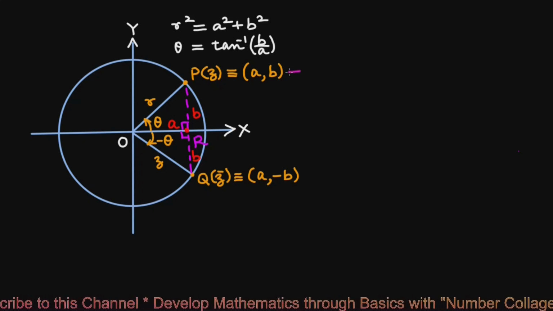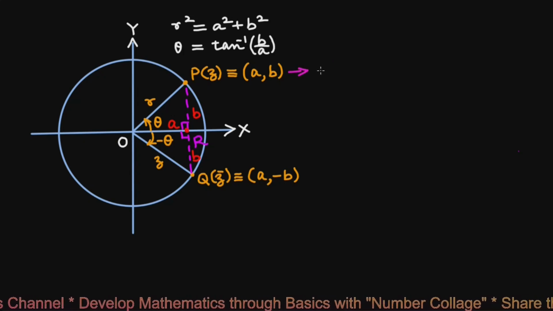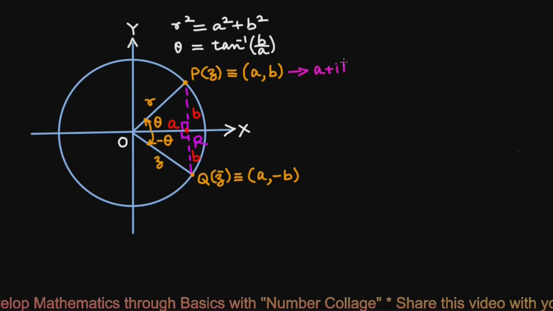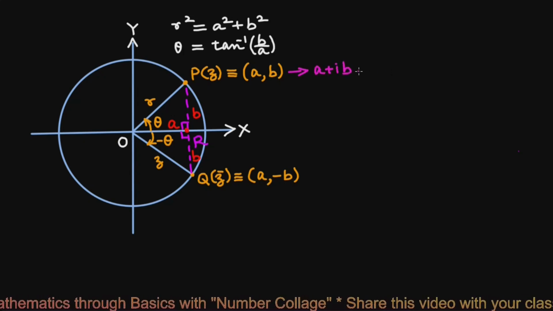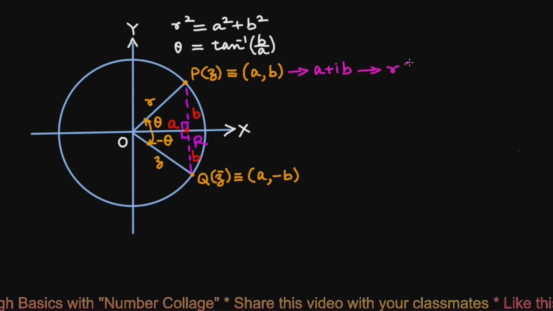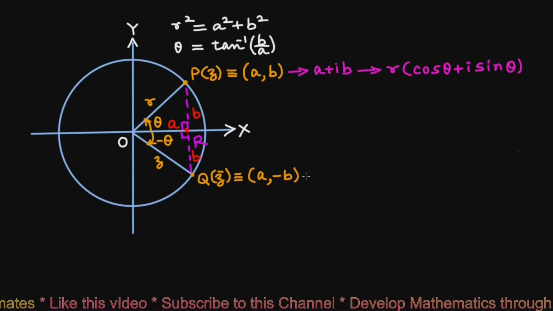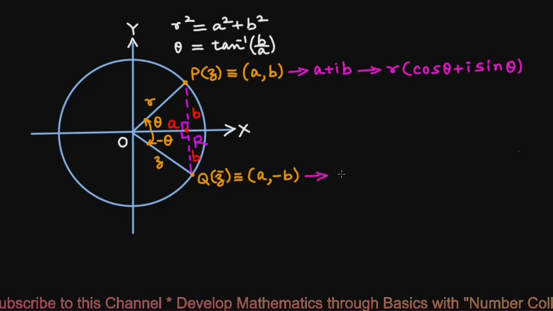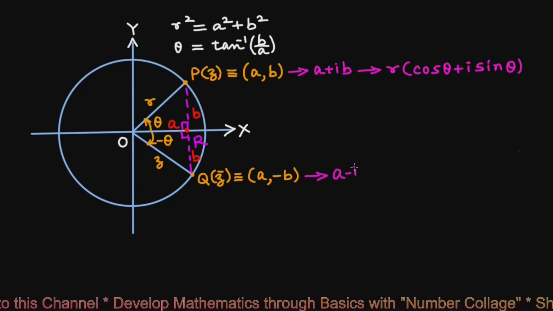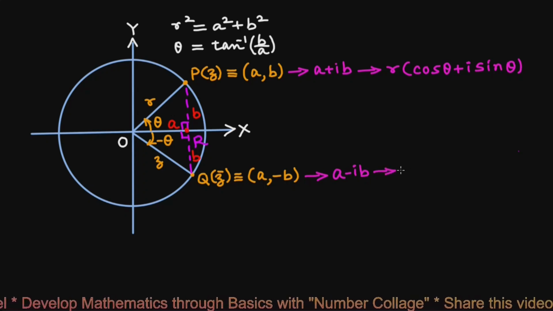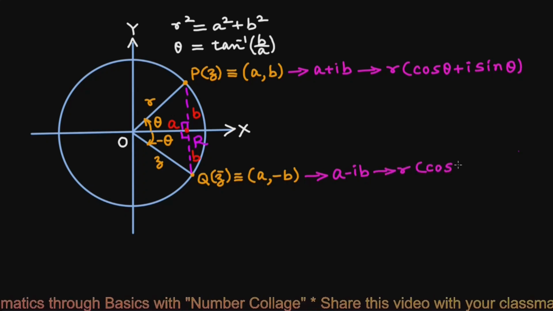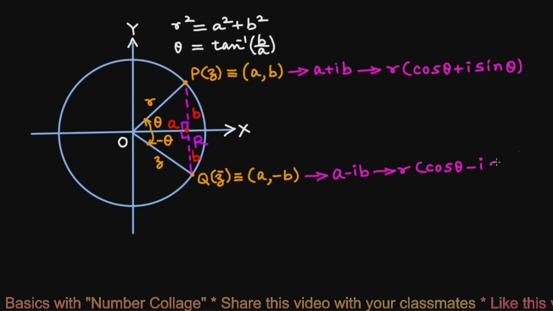Here point P represents the complex number a plus ib in Cartesian form, whose polar form will be r times (cos theta plus i sin theta), and point Q represents the complex number a minus ib, whose polar form will be r times (cos theta minus i sin theta).